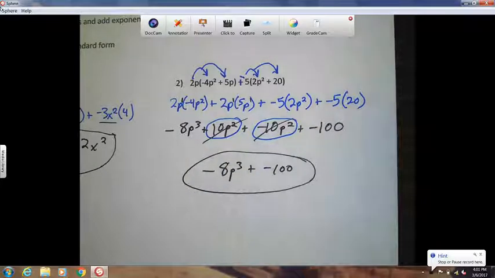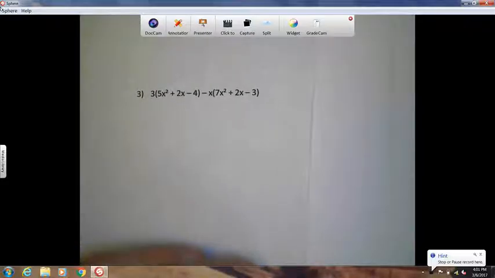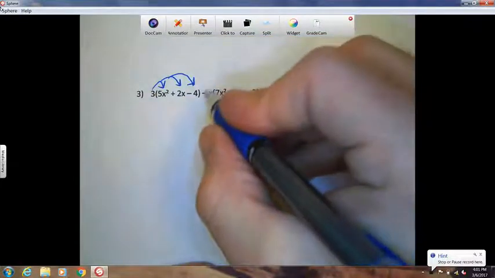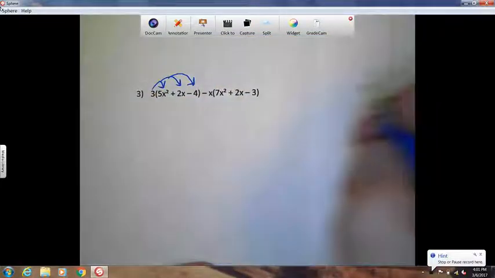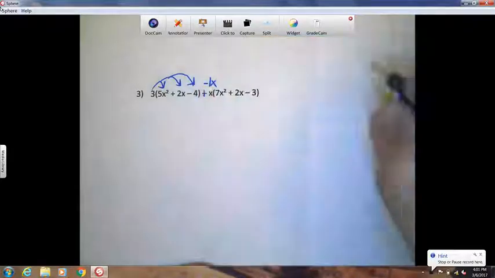Look at number 3. Again, need to do distributive property, of course. This is a minus, so pay attention. I'm going to change that to plus negative 1x, and then multiply by all three of these.